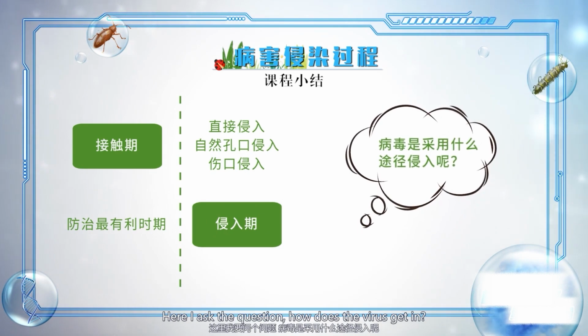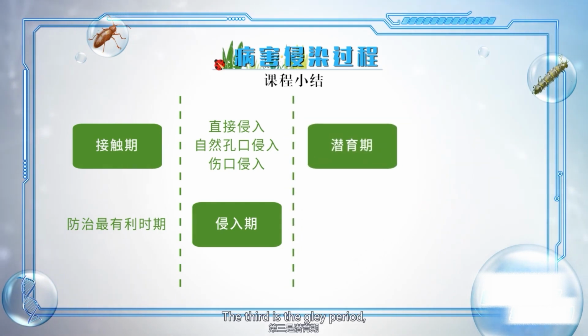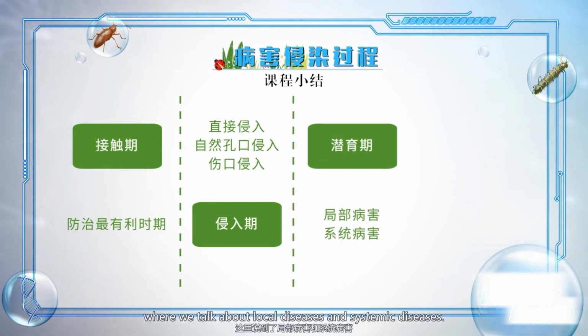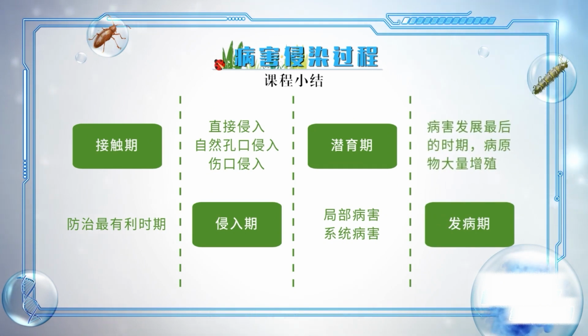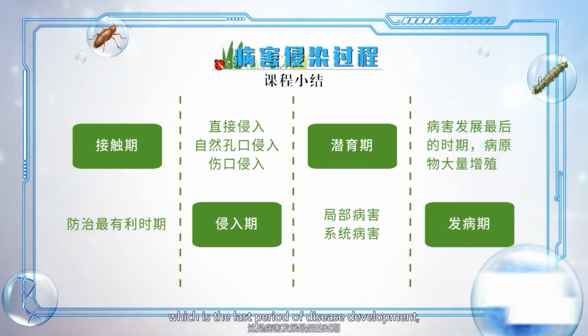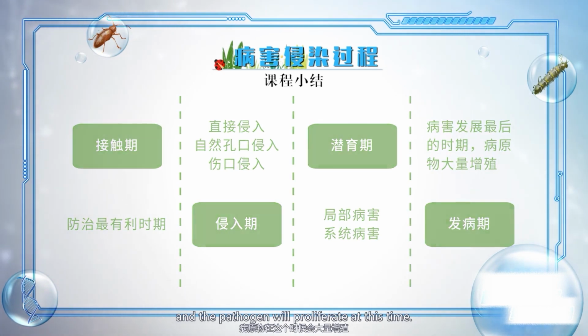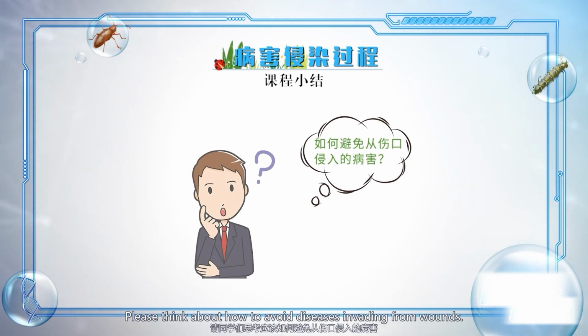Here I ask the question, how does the virus get in? The third is the glaic period, where we talk about local diseases and systemic diseases. Finally, there is the onset period, which is the last period of disease development, and the pathogen will proliferate at this time. Please think about how to avoid diseases invading from wounds.